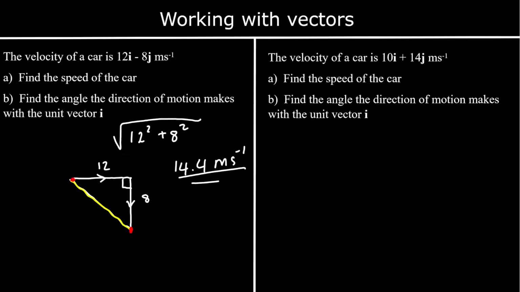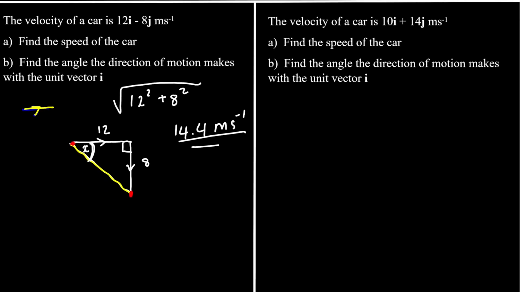Part B, find the angle the direction of motion makes with the unit vector i. So the vector i is the one in the x direction. It's that way. So what angle does it make? That's this angle here. And we can work that out using SOHCAHTOA. So we've got the opposite and the adjacent, so we use tan.